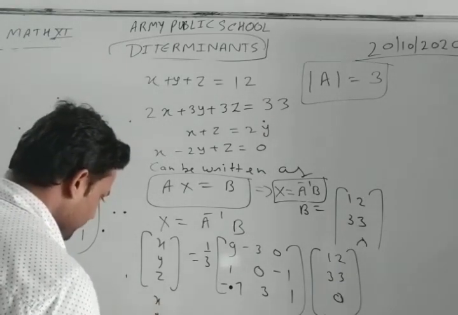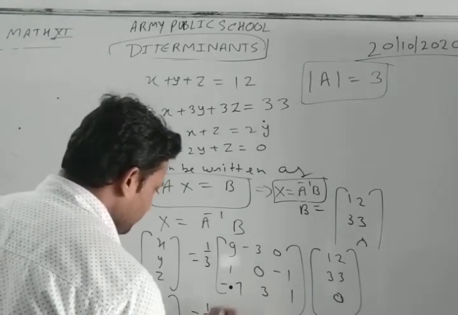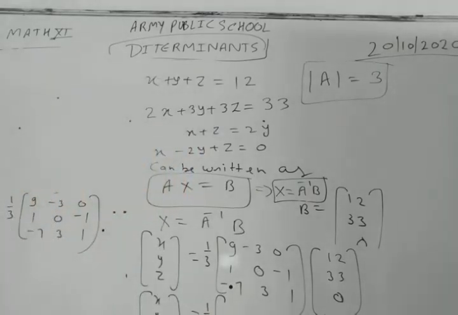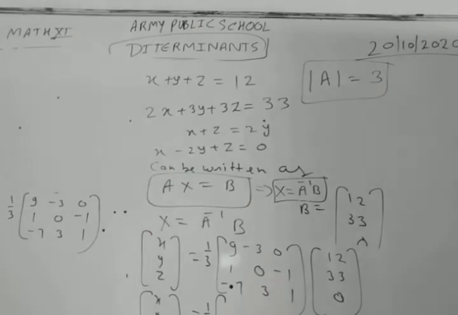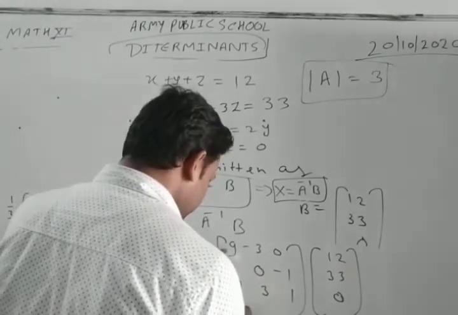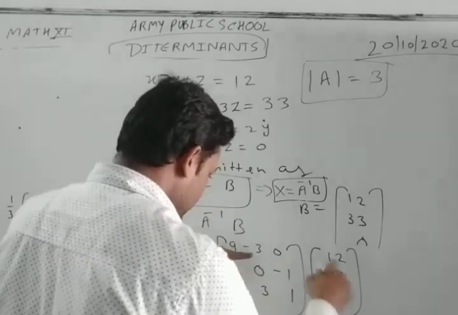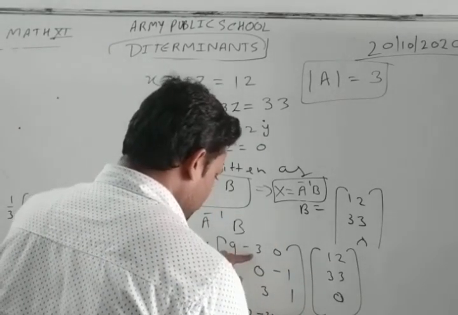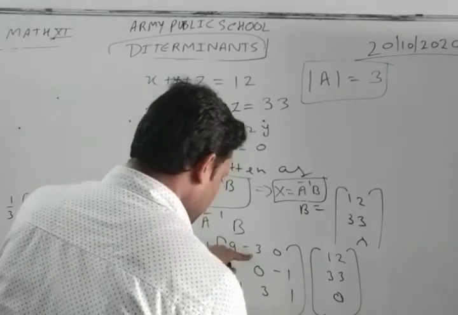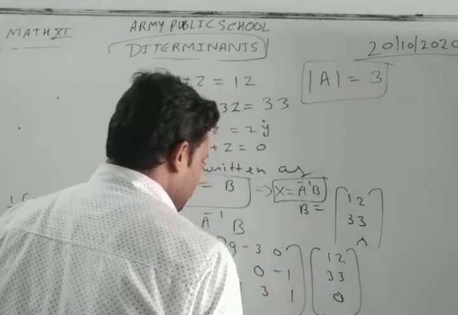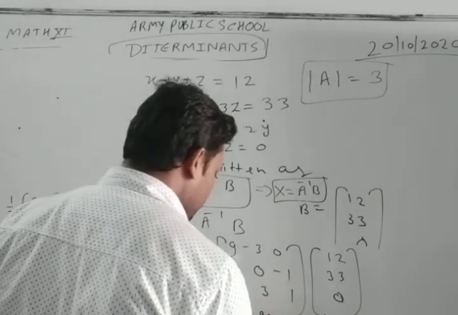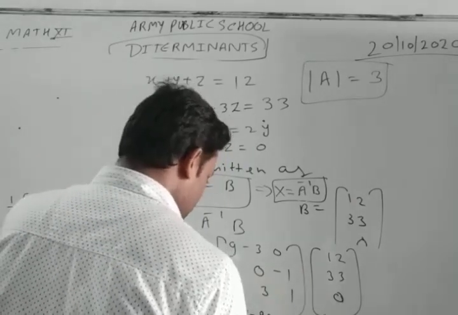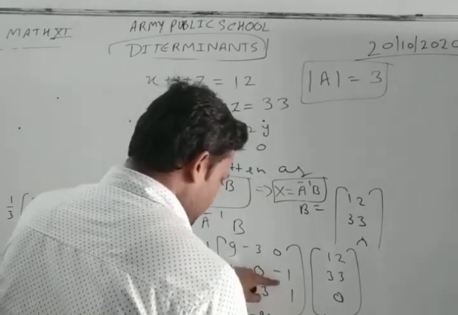Now we will multiply this and get our result after comparing both matrices. So x, y, z equals 1 by 3 times: 9 into 12 minus 3 into 33, that is 108 minus 99, plus 0. Again 12 plus 0 minus 0.